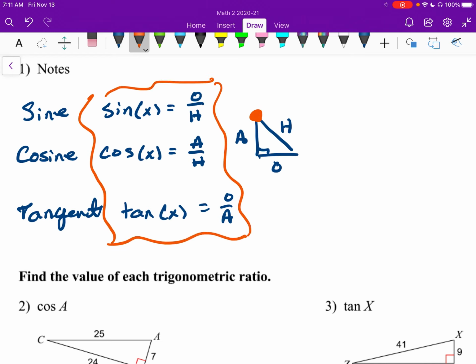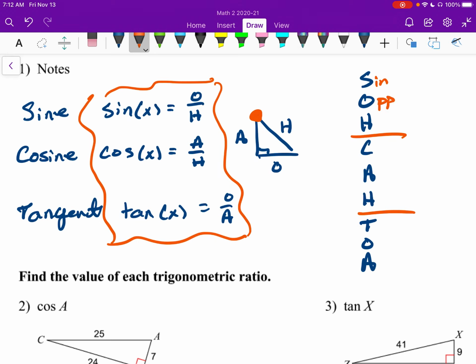And the way that I remember it is Sohcahtoa. So you split it up after every three letters. And then here we have sine, opposite, hypotenuse. Cosine is adjacent, AJ, over hypotenuse.